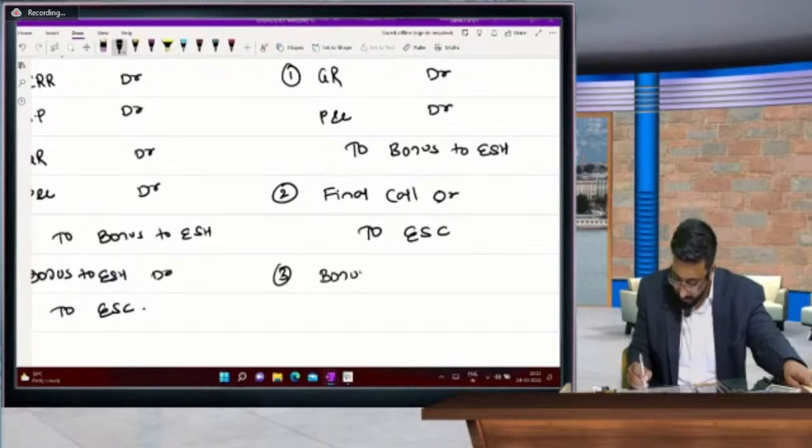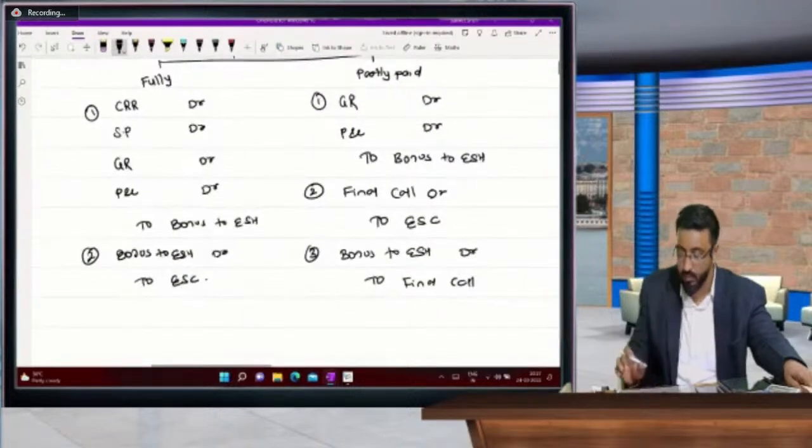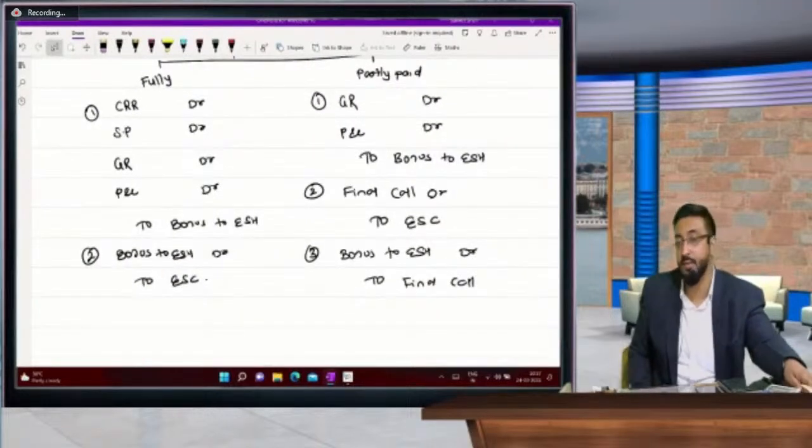And last entry, bonus to equity shareholders, debit to final call. Remember, you have to increase your authorized capital if your issued capital exceeds your authorized capital by passing the necessary resolution.